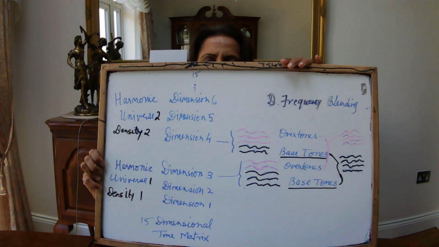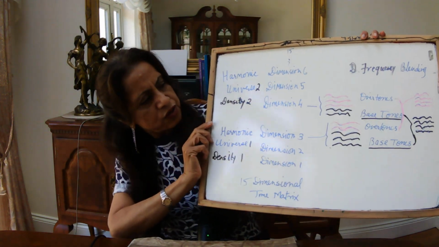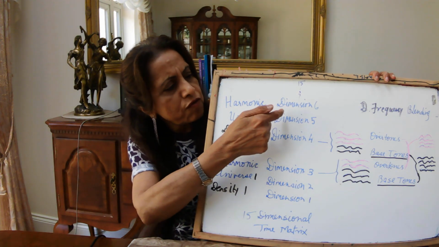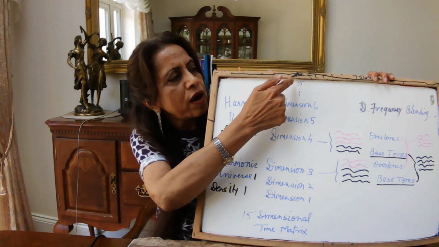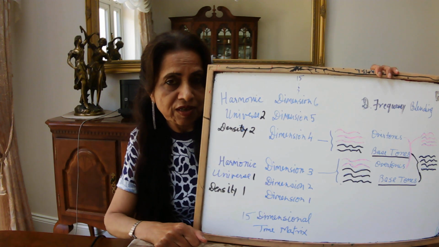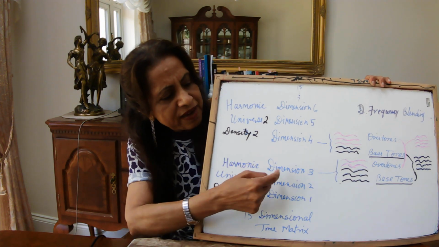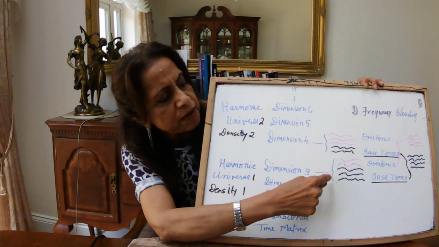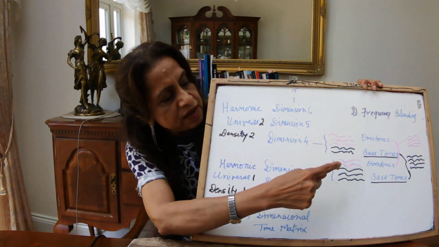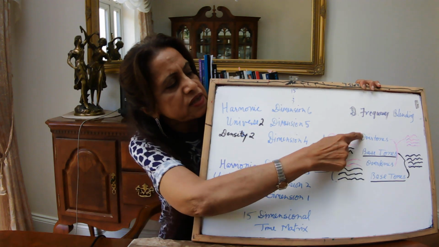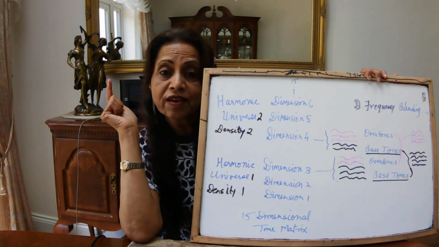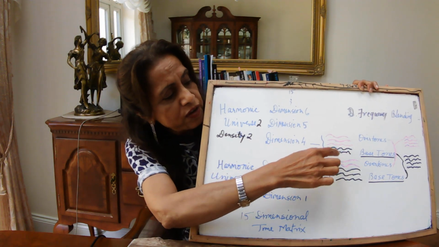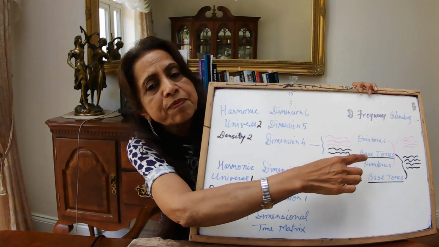In the diagram I have shown dimensions 1, 2, 3, 4, 5, 6, but they go up to the 15th dimension. Then dimensions 3 and 4, which I have divided further into subplanes of frequencies: in red are the frequencies of higher octave called overtones, and the lower frequencies are called bass tones.